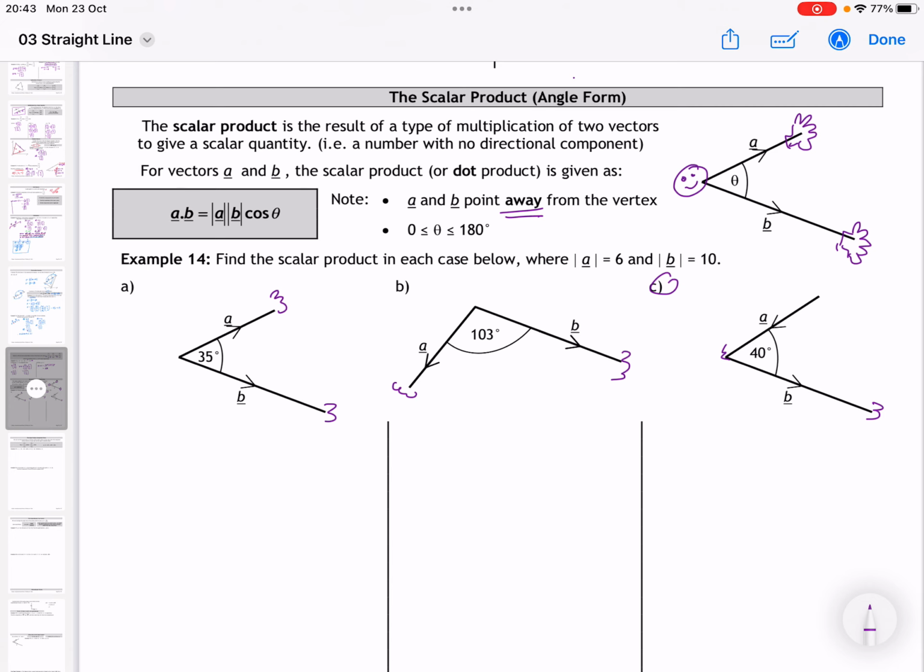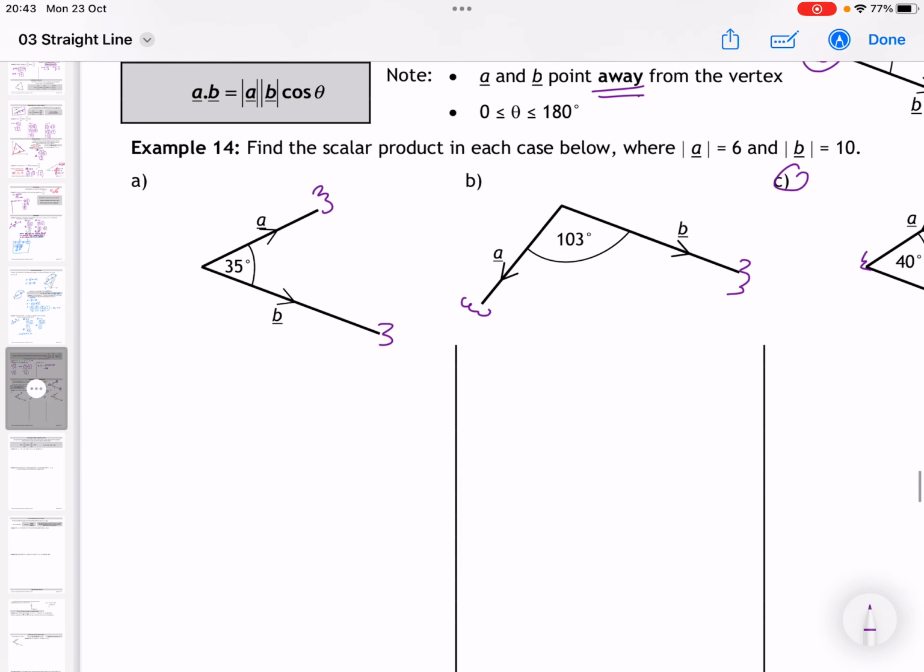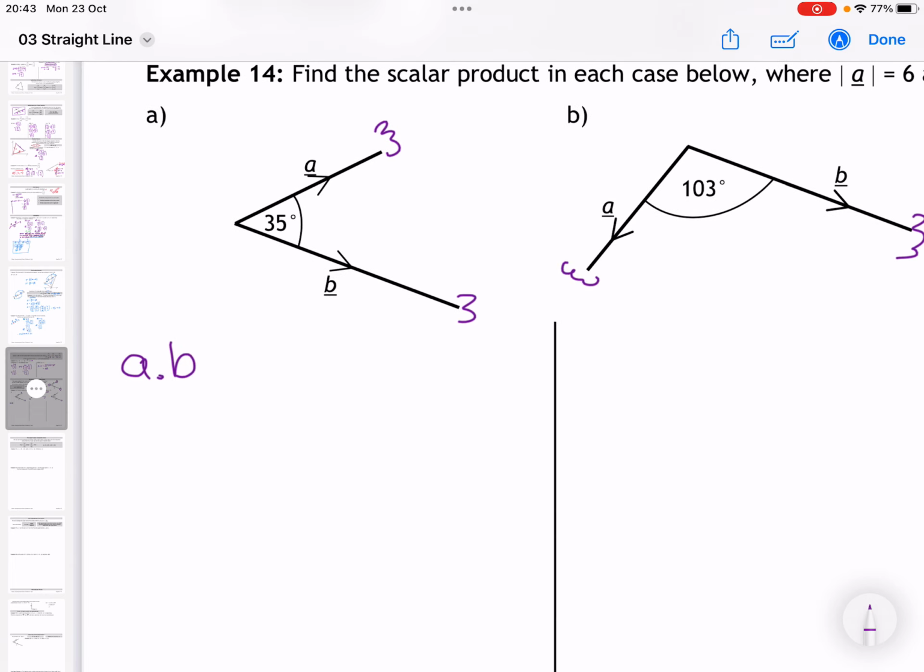So, where magnitude of a is 6 and magnitude of b is 10, find the scalar product for each one. So on a, we are a dot b equals magnitude of a, magnitude of b, cos theta. That's a theta, honest.